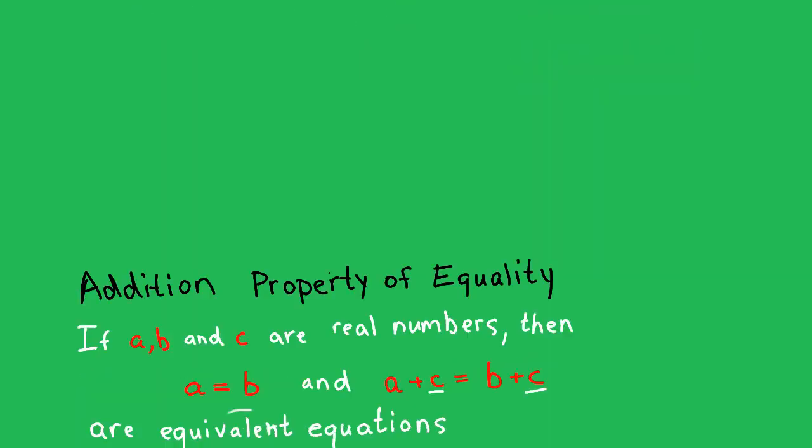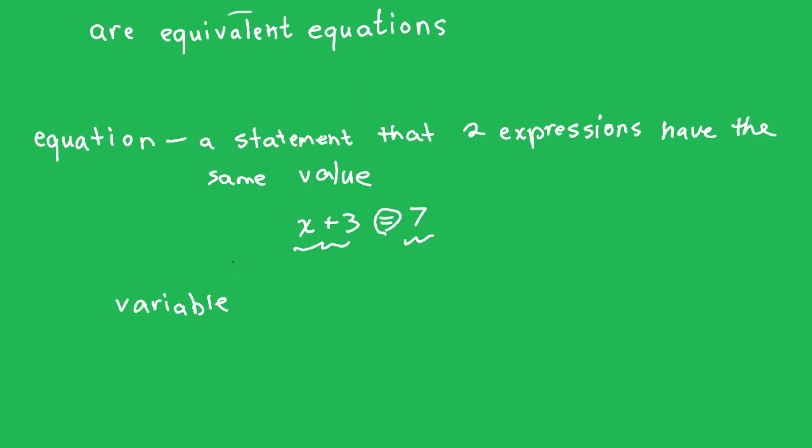And when we got the unknown weight alone on one side, we called that isolating the variable. Remember, the unknown weight is just a variable.